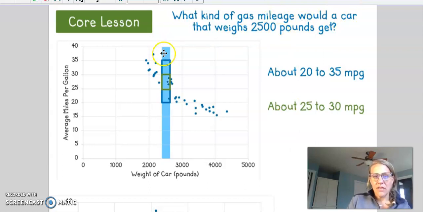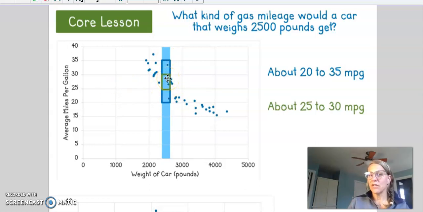Notice we have this whole 2,500 area of the weight of the car highlighted. Our data is scattered between 20 miles per gallon and 35 miles per gallon. A majority of the data is in this green section from 25 to 30.